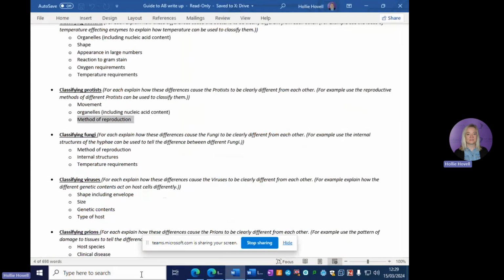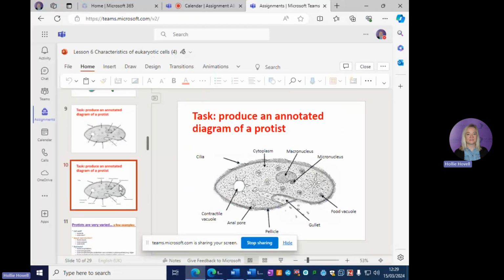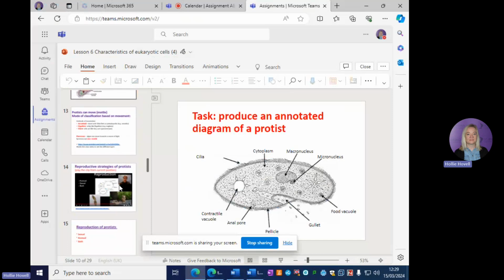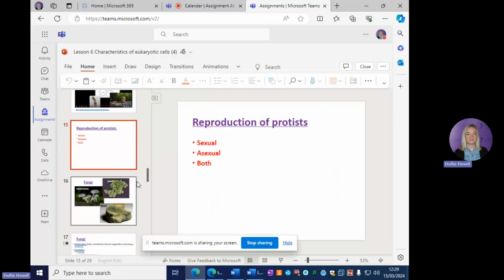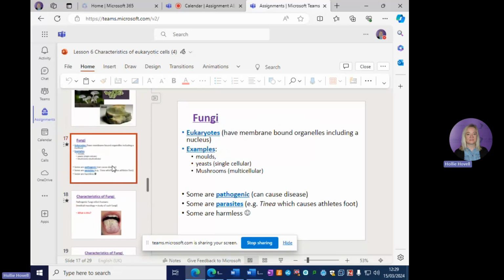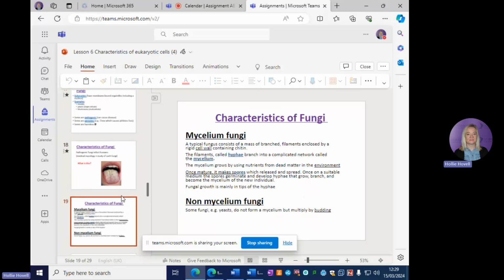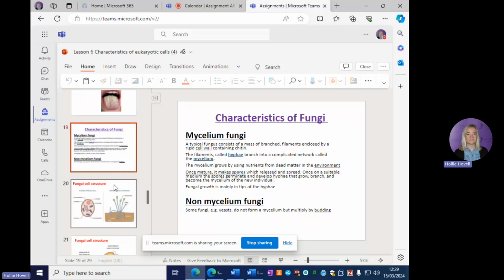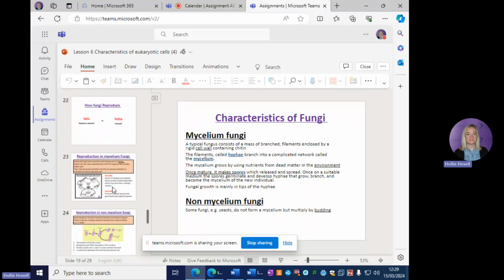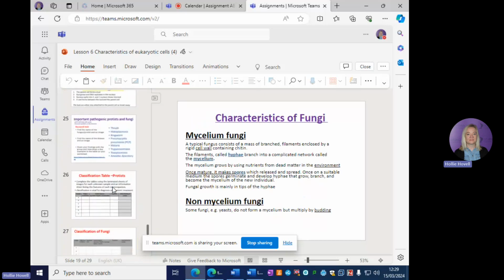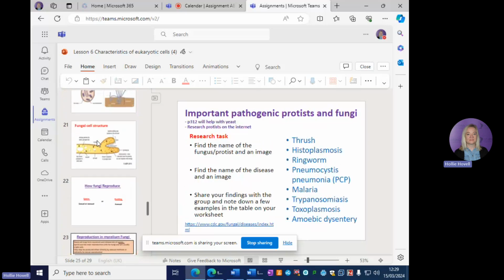The third way we can classify protists, your next paragraph, is by how they reproduce. So protists can reproduce sexually, asexually, or both. So you need to find out a little bit about this. That goes into fungi. I'm just seeing if there's anything about protists reproduction.